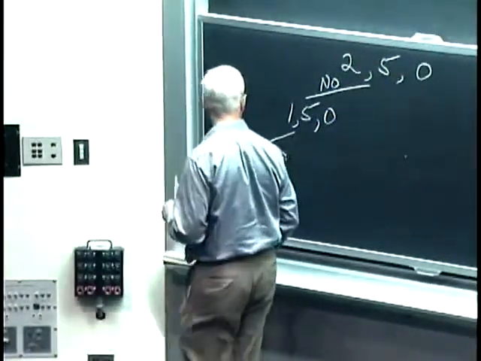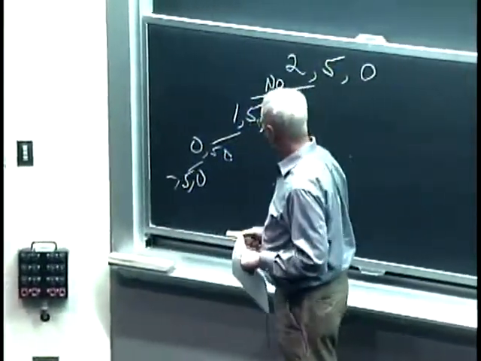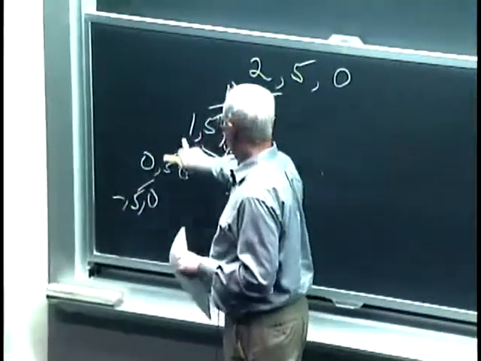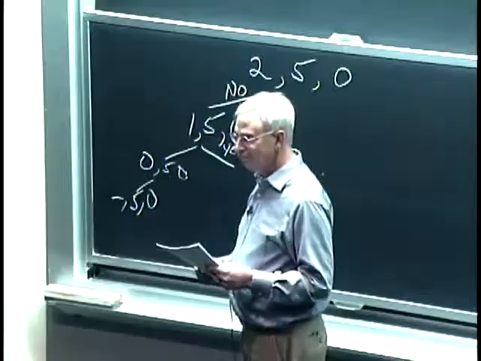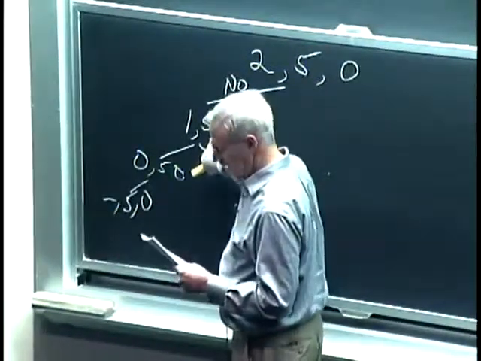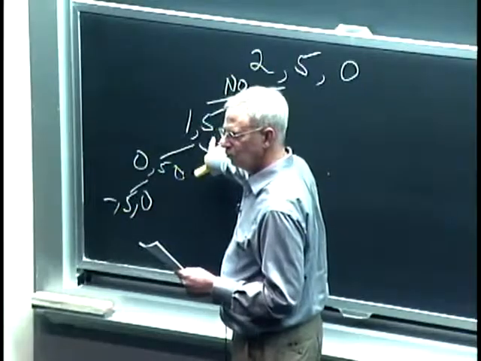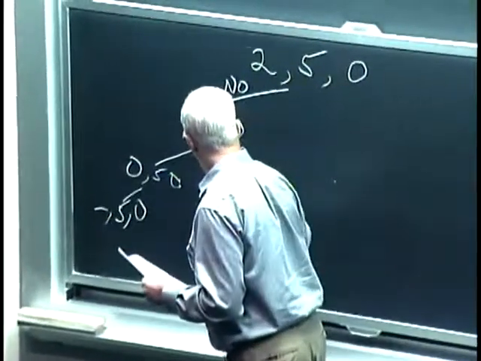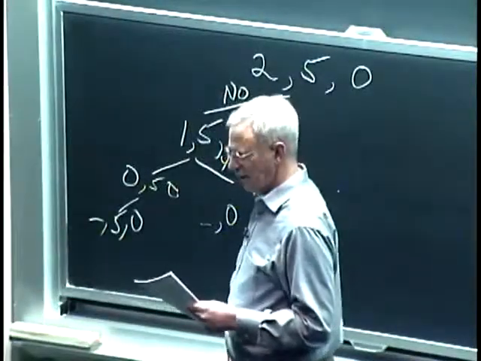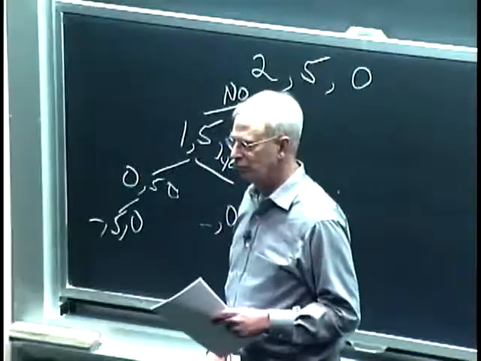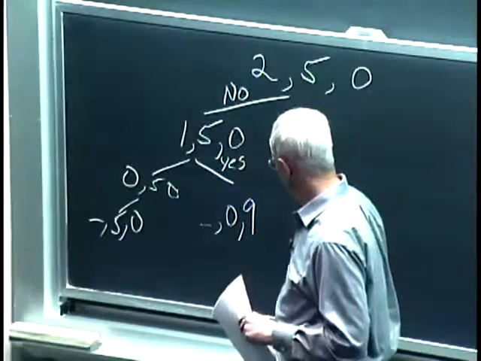That was one branch. We then backed up and said, let's look at a yes. We'll include item number 1. Well, what happens here? If we've included that, it uses up all the available weight and gave us a value of 9. Pardon?